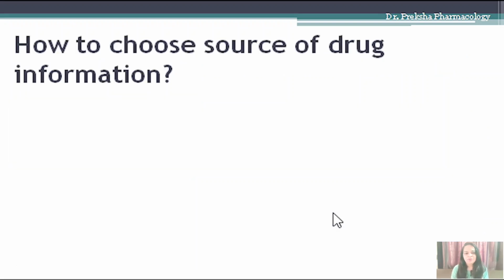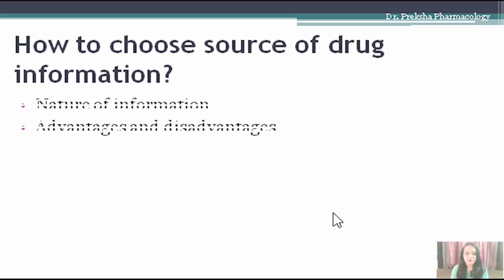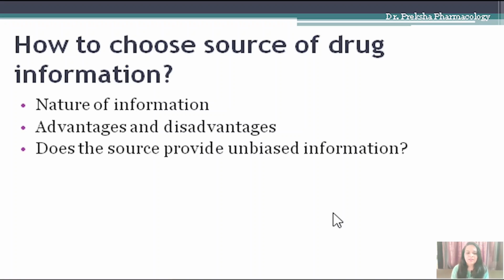Now, how to choose sources of drug information? We have to see the nature of the information, then we have to also see what are the advantages and disadvantages of using a particular source of drug information. Then we have to check whether this source provides unbiased information or not.